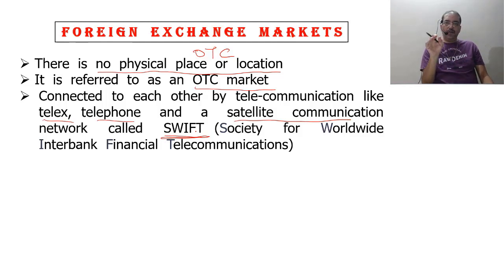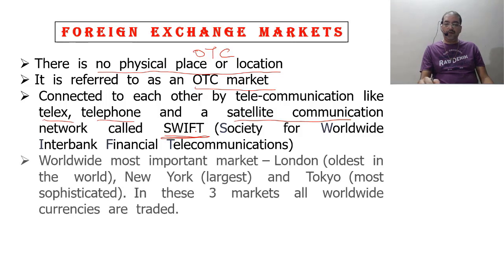So, in the first level, the topmost three, you have London, New York, Tokyo. After that, second in line, you have Singapore, Hong Kong, Sydney, Frankfurt. You have to know this.